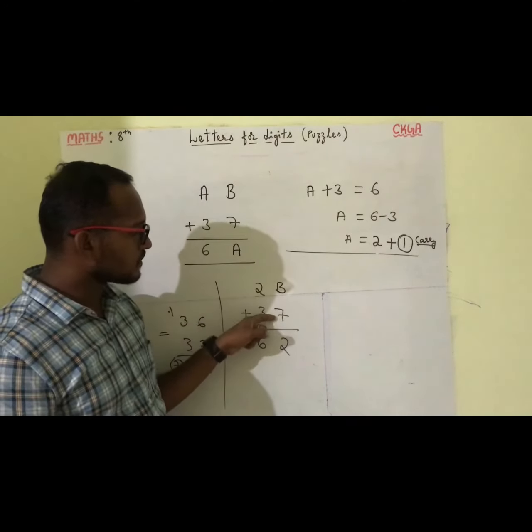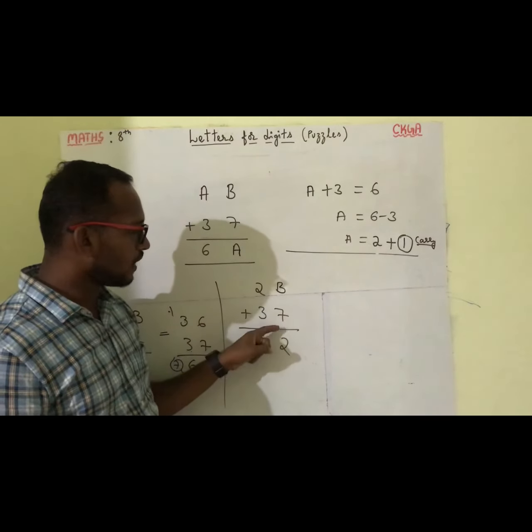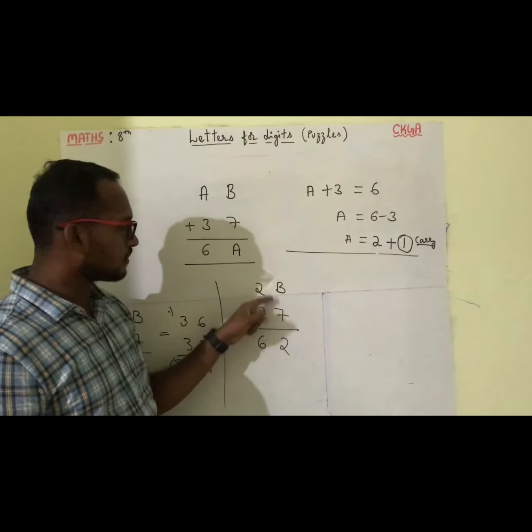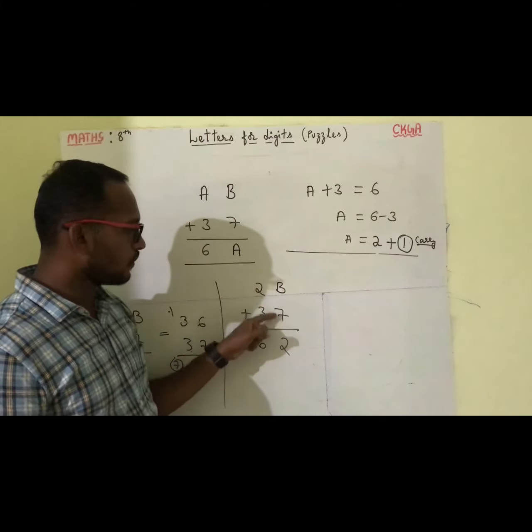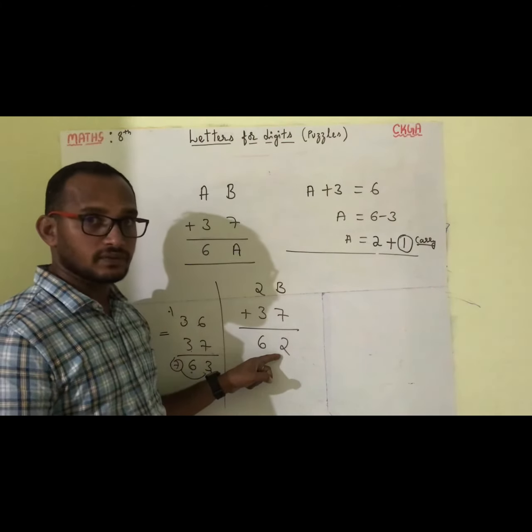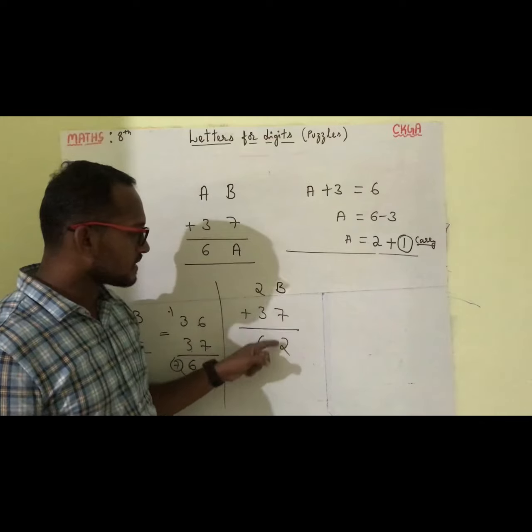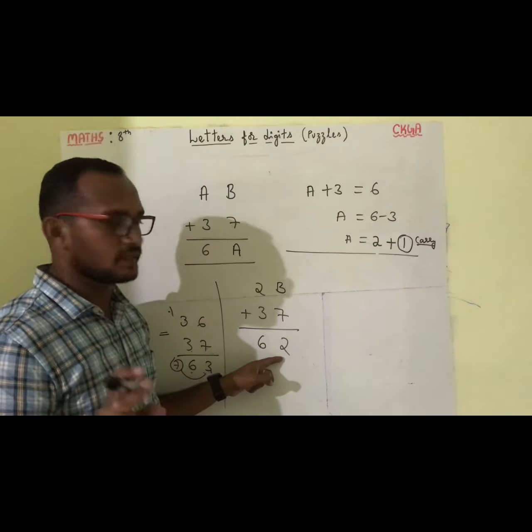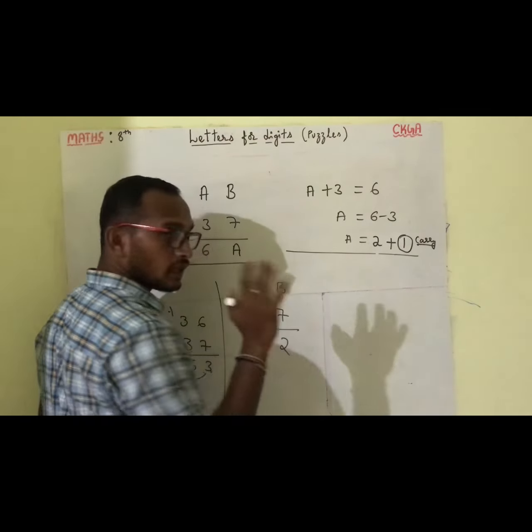So 1 added to 7 gives 8, 2 added to 7 gives 9, 3 plus 7 is 10, 4 plus 7 is 11, 5 plus 7 is 12. Okay, so in the place of B, it should be 5.